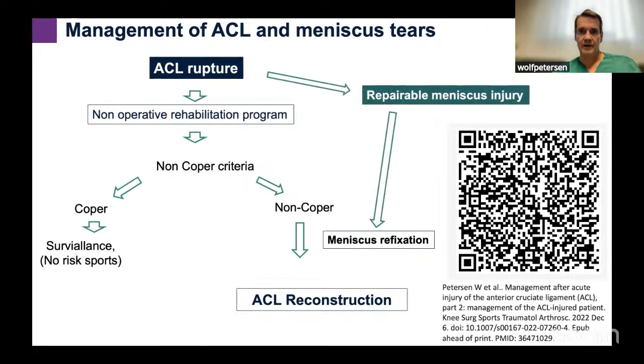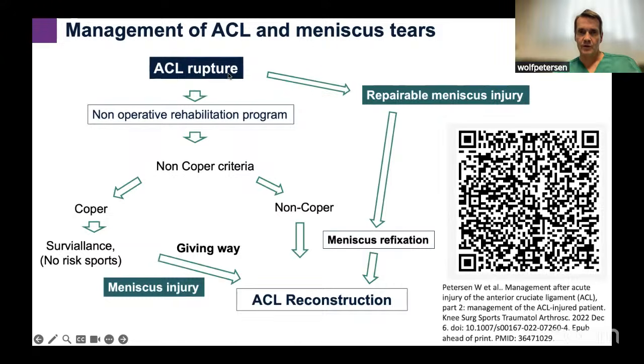If we have a repairable meniscus lesion, then I would go for an acute meniscus repair in combination with ACL reconstruction to preserve the meniscus, with the goal to prevent osteoarthritis.